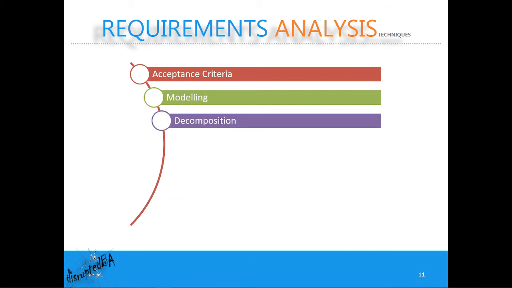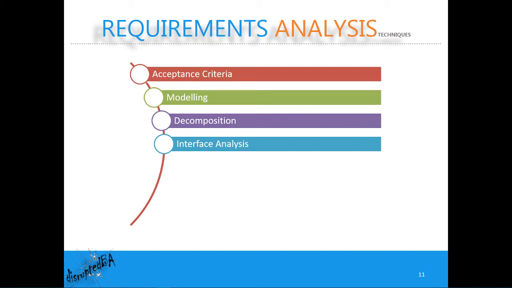Then we have decomposition, typically functional decomposition. This is where you identify parts of a more complex business process or a business function. So you would decompose a larger statement into smaller ones and see how they all fit and work together as a unit.